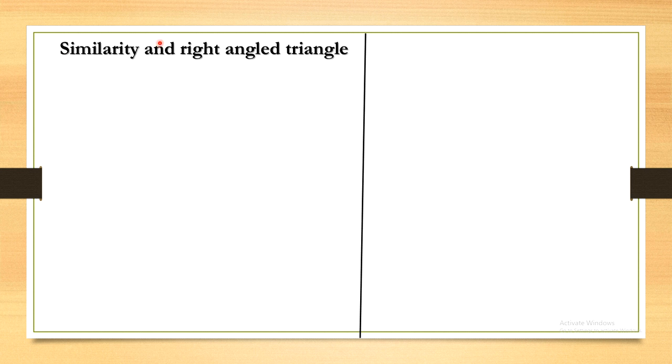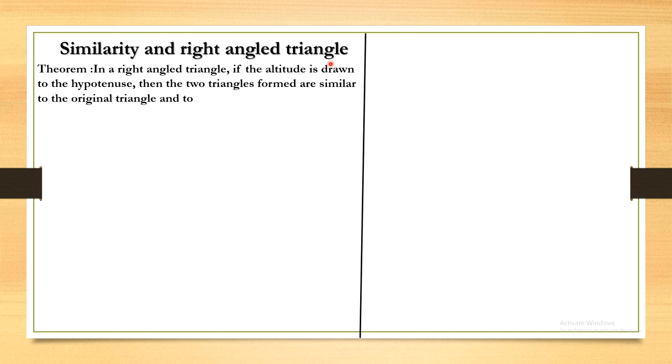Now for proving the Pythagoras theorem, first we have to prove the theorem of similarity in right angle triangle. That means the theorem says that suppose this right angle triangle ABC is given and angle B is of 90 degree. Then the altitude from the vertex B is drawn on the hypotenuse AC.